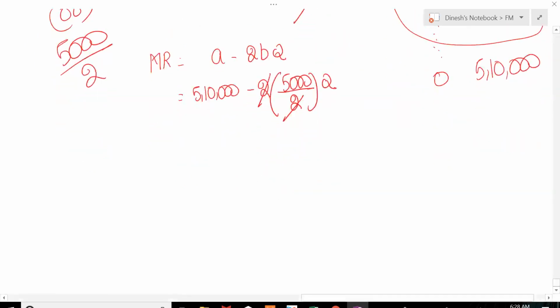Now next, MR equal to MC, marginal revenue equal to marginal cost. 5,10,000 minus 5,000 Q is equal to, what is the marginal cost? Variable cost.